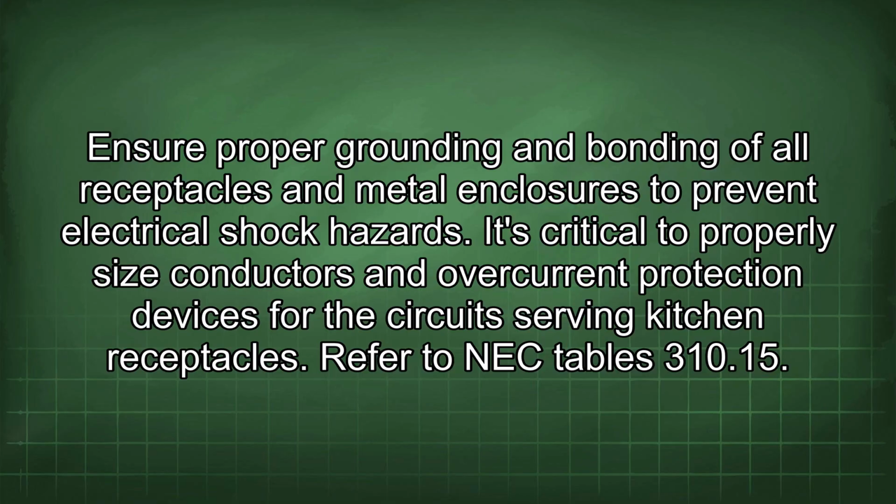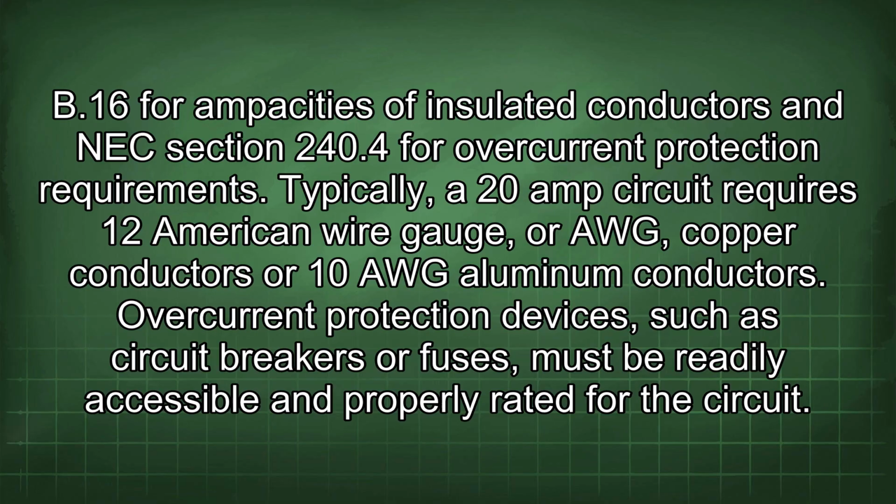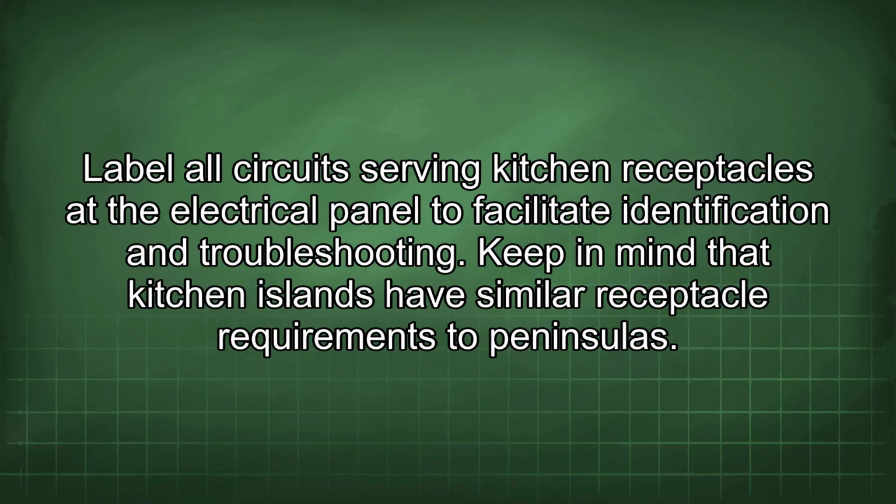Refer to NEC Table 310.15(B)(16) for ampacities of insulated conductors and NEC Section 240.4 for overcurrent protection requirements. Typically, a 20 amp circuit requires 12 American wire gauge, or AWG, copper conductors or 10 AWG aluminum conductors. Overcurrent protection devices, such as circuit breakers or fuses, must be readily accessible and properly rated for the circuit. Label all circuits serving kitchen receptacles at the electrical panel to facilitate identification and troubleshooting.